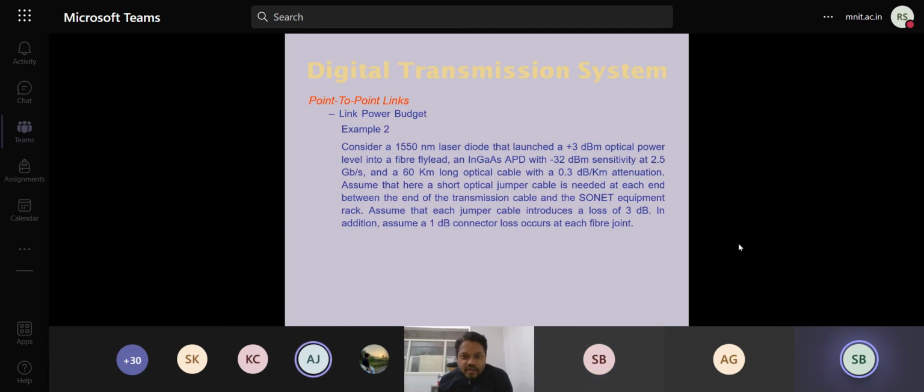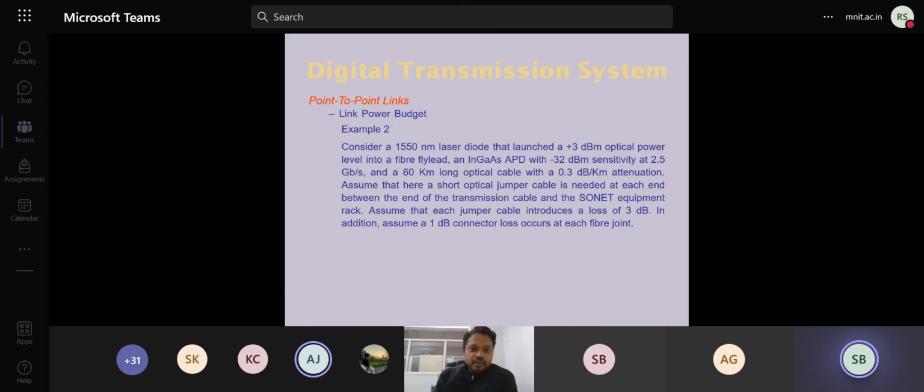Yesterday we had discussed the losses and how power budgeting helps a designer in designing an optical communication point-to-point link.